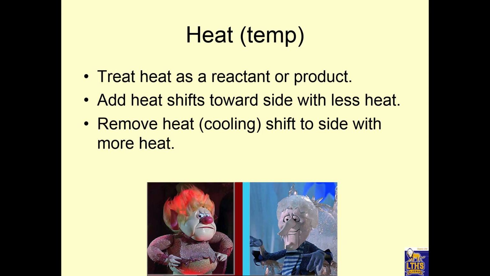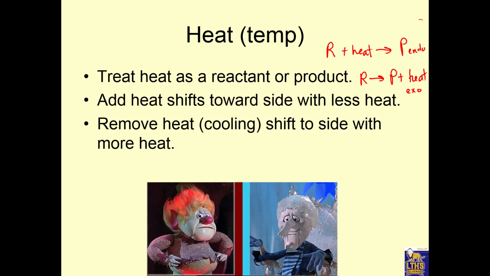How do you change the temperature of a system? Well, you have to add or take away heat. So we're going to treat heat as a reactant or product. So we have a reactant plus heat turns into a product. That's endothermic. Or a reactant turns into a product plus heat. That's exothermic. That's endo, that's exo. Then treat it like what it is.